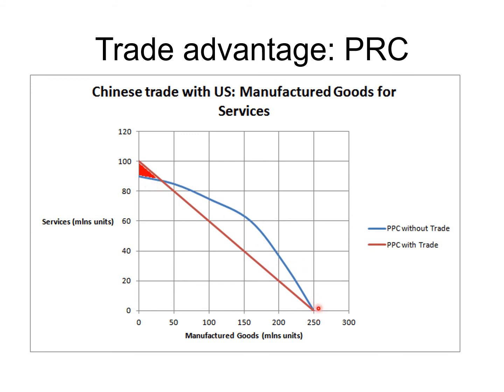But if they do it internationally, it's a 2.5 to 1 ratio. They sell off all their manufactured goods, okay, and they would get 100 services. So it benefits them to trade as well, but it benefits them less than the United States. All right?